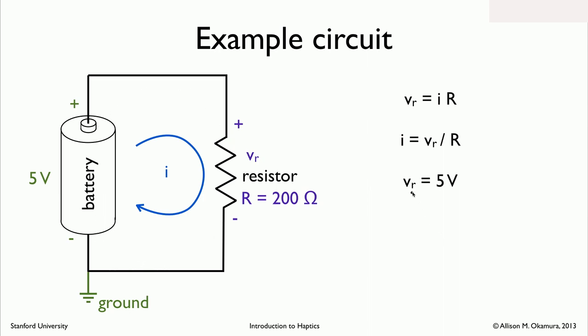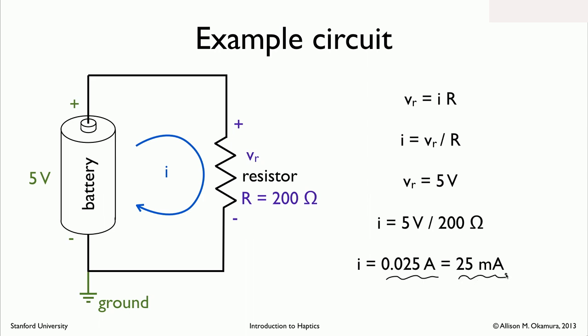So VR has to equal 5 volts. And so if I plug in some numbers now, I say, okay, we have a 5-volt source from the battery and a 200 ohm resistor. I can compute that the current is 0.025 amps. And since 0.025 is not a great number to deal with, we'll just convert that to milliamps and write down 25 milliamps. We'll see a lot of things are specified in milliamps in terms of current requirements in particular electronic systems.